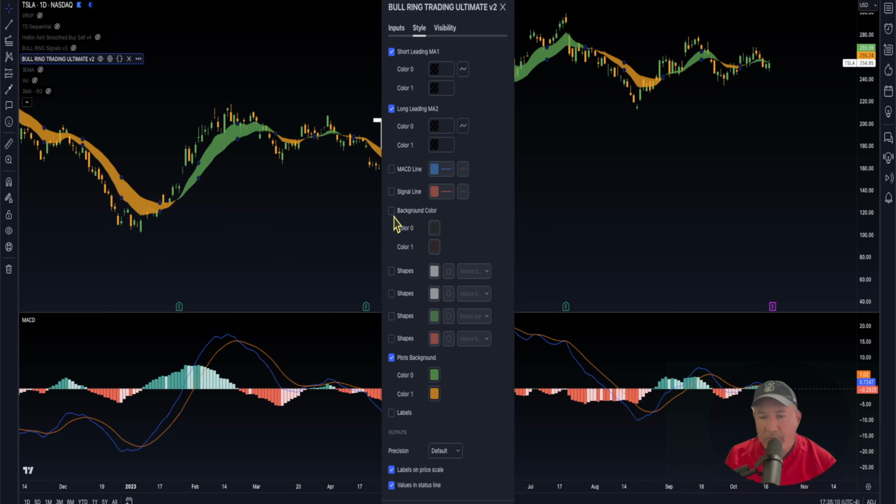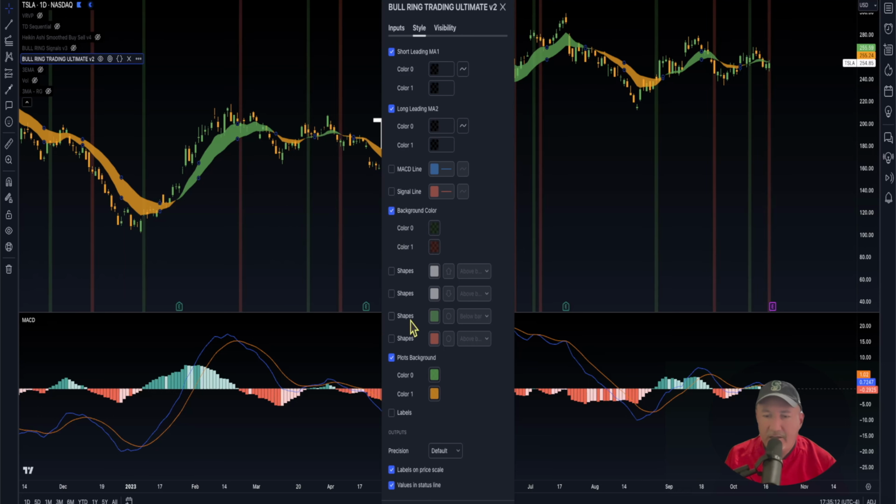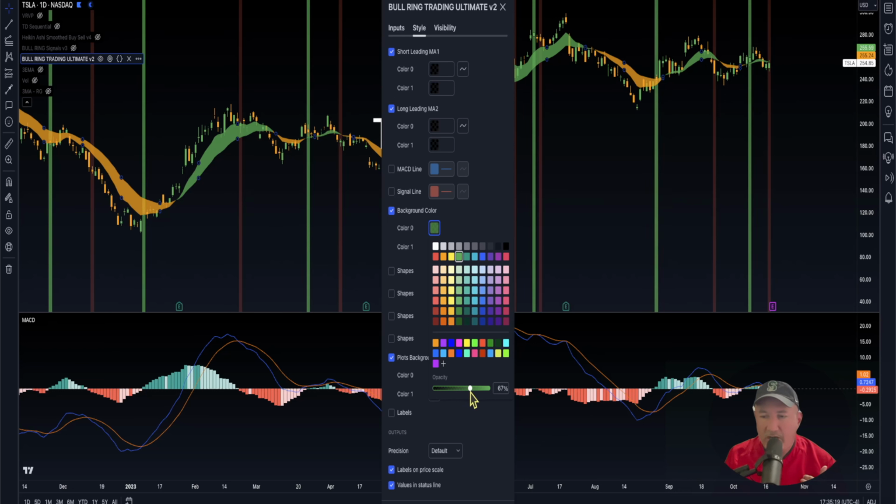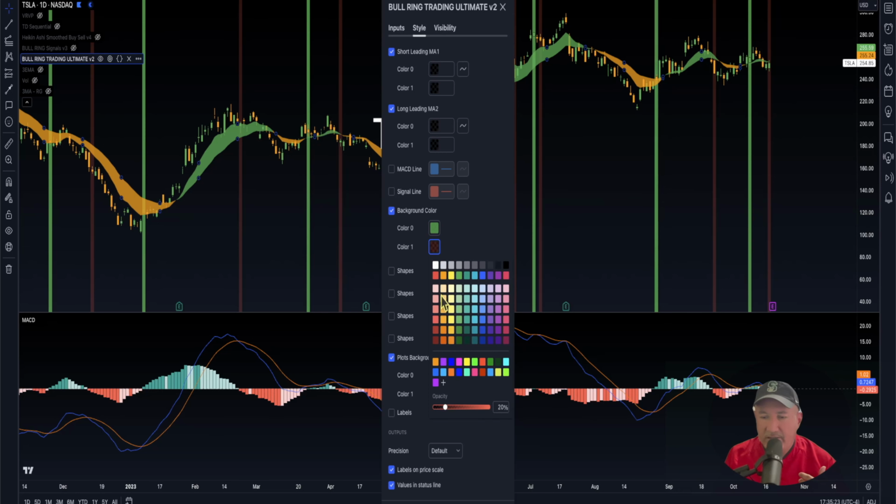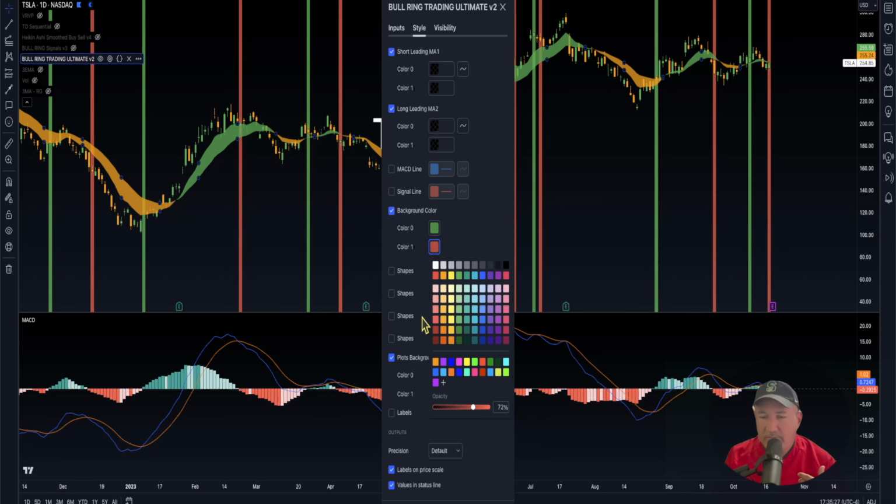So let's go on to the MACD. So MACD is exactly that. Now that's the color I like to use when I'm trading, but I'm going to increase the color here so that you guys can see exactly how this works.